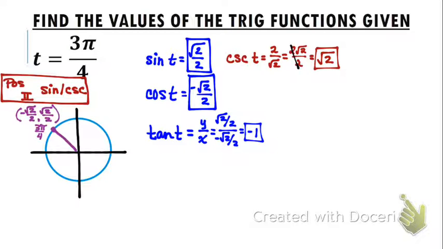So if that's my cosecant, what's my secant? Negative square root of 2. What about my cotangent? Negative 1. Because I'm just taking my fraction and flipping it over. Or you can think of it as 1 over tangent. Well, if I do 1 over negative 1, that's just negative 1.